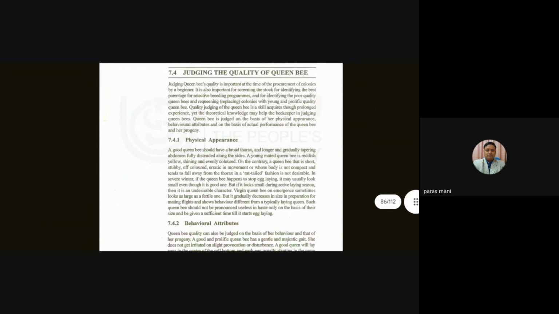This quality judging of the queen bee is a skill acquired through prolonged experience. Why do we have to judge the quality of the queen bee? Because the queen bee is the egg-laying, that is, the inheriting individual of the colony.